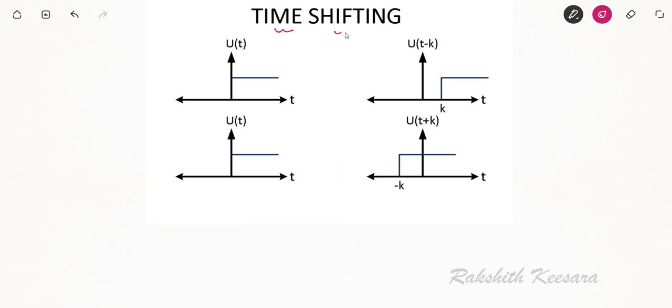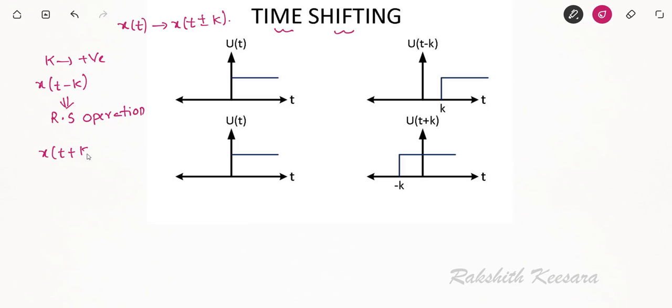Next is time shifting. Here, if a signal x of t is given, x of t plus or minus k is called time shifting. If I assume k as positive, x of t minus k is called a right shifting operation. That is, if I perform x of t minus k, my signal will be shifted to the right side.